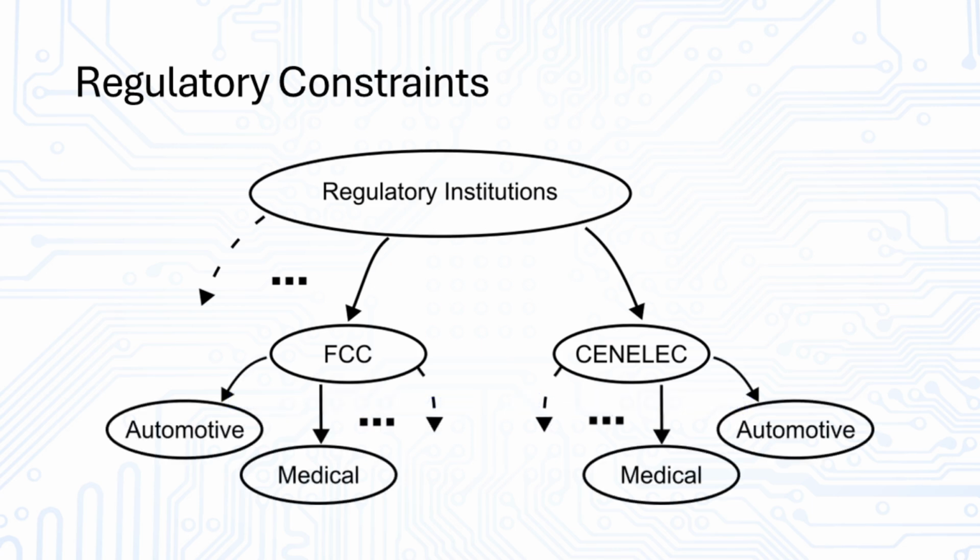Both institutions provide a variety of different standards depending on the field of application of a device. Most of these standards are based on regulations developed by the CISPR, a committee specializing in regulating electromagnetic interferences. The process of complying to these regulations depends on the regulatory authority. In the EU, for example, it is usual to perform compliance measurements at an accredited test house.